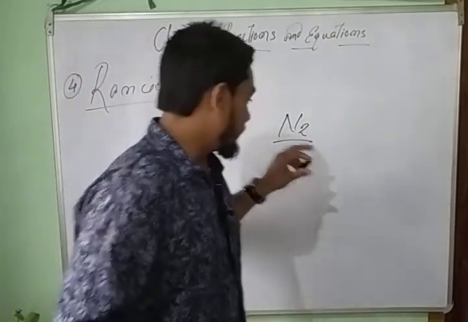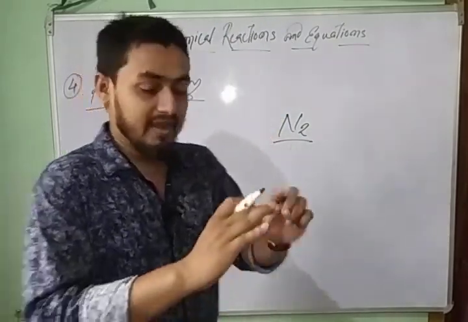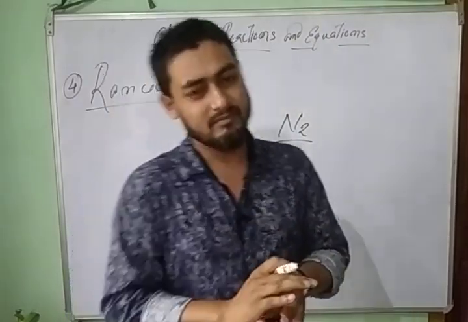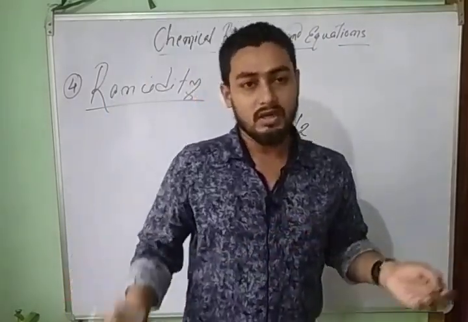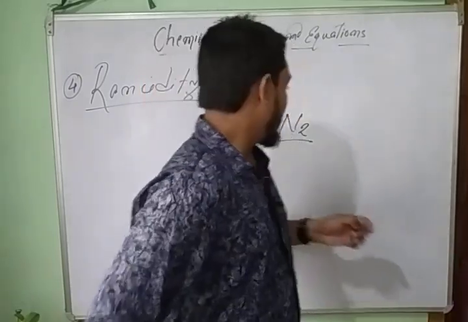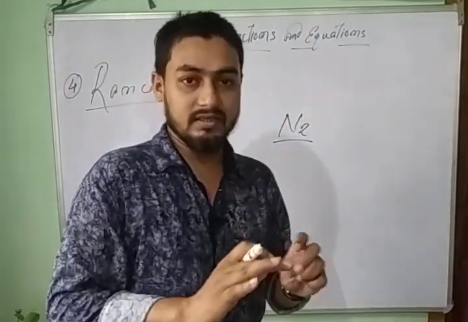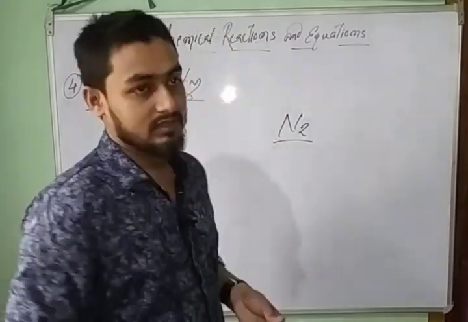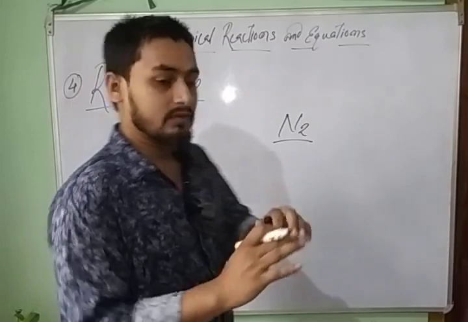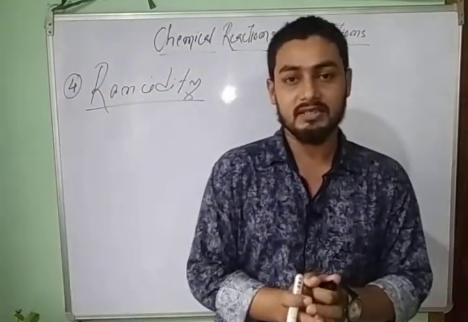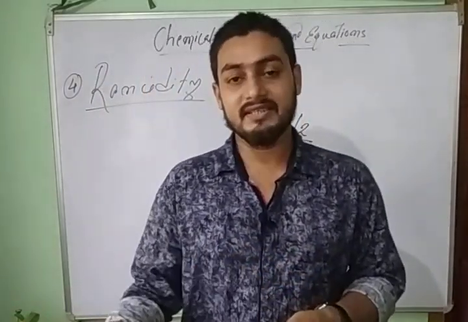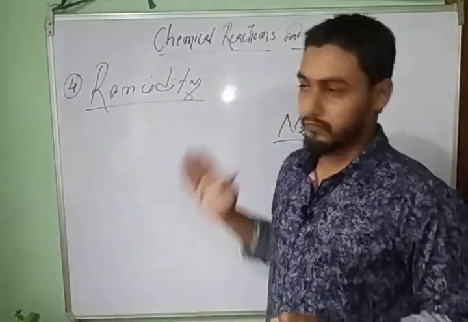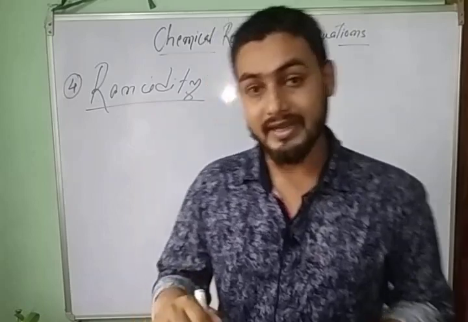Hence we use nitrogen gas while packing chips, kurkure, and many types of junk food items. When nitrogen gas fills up these packets, it will not allow oxygen to react with the food item, and in this way we can prevent our food item from getting oxidized.